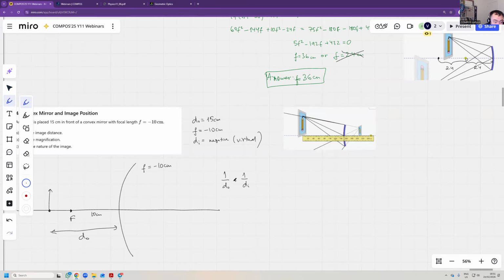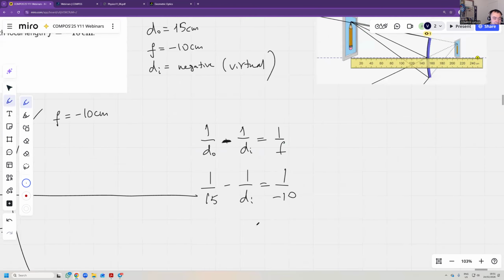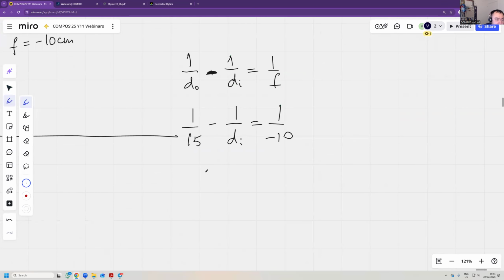So we have 1 over d0 minus 1 over di equals 1 over f. So 1 over 15 minus 1 over di equals 1 over negative 10. And so 1 over di equals 1/15 plus 1/10.